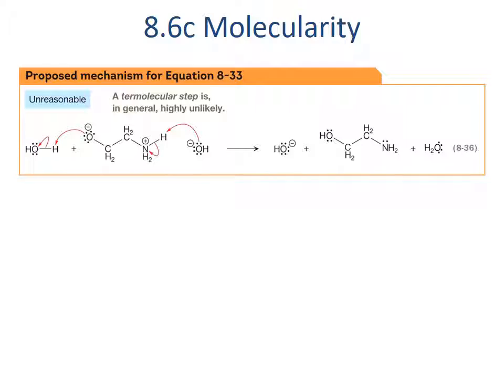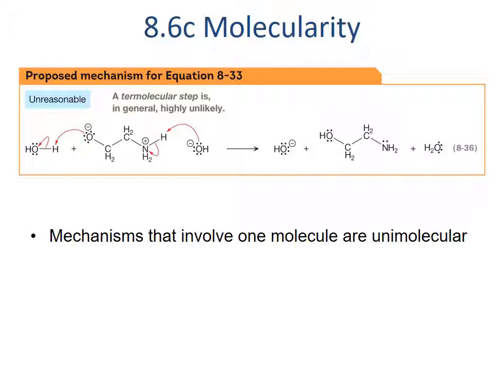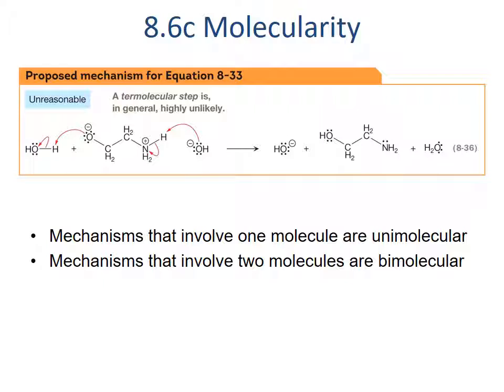Whenever we draw a multi-step mechanism, we also need to consider molecularity, that is, the number of molecules that are involved. As a review, reactions that involve one reactant are unimolecular. We see plenty of examples of these, like the heterolysis steps that begin SN1 and E1 mechanisms. Reactions that involve two reactant molecules are bimolecular, like SN2 and E2 mechanisms.